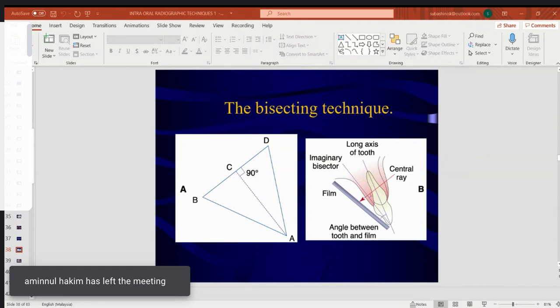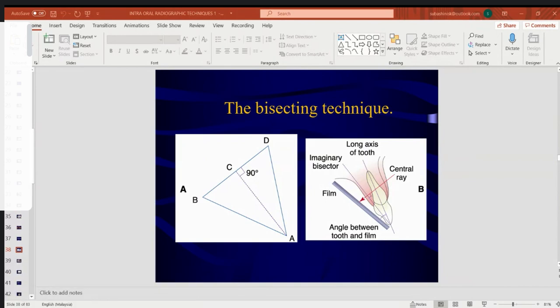That's why we are getting the same length of the tooth replicated on the film, if you make sure that the central ray is perpendicular not to the long axis of the tooth, not to the film, but to the imaginary line which bisects the long axis of the tooth and the film. That's why when you place the film, you're placing it as a triangle. You're not placing it parallel. Okay, right? So we'll continue.